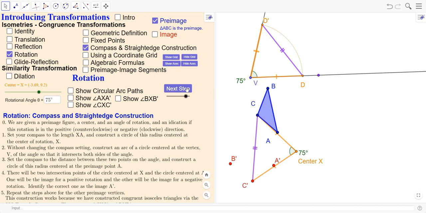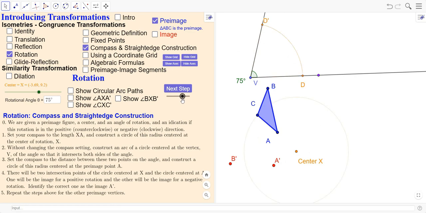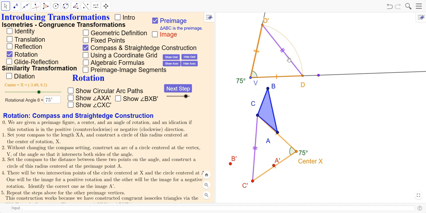And then we also made sure when we were doing this that this circle here had the same radius as this distance from D to D prime, where those intersection points with the two sides of the angle and that original circle, or the copy of the original circle, have the same length as the distance from here.